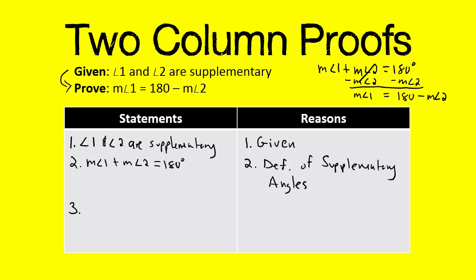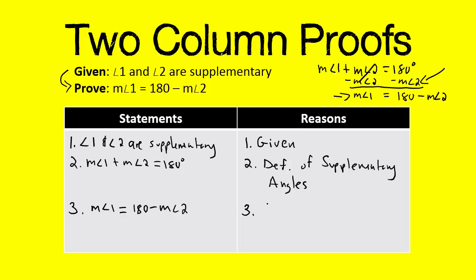So now, instead of writing the actual work I did, I'm just going to write down this step here. So the measure of angle 1 equals 180 minus the measure of angle 2. And then I have to put a reason as to how I got to this. Well, if you look at the work I did, you can see here that this is what I had to do in order to get to this last step.